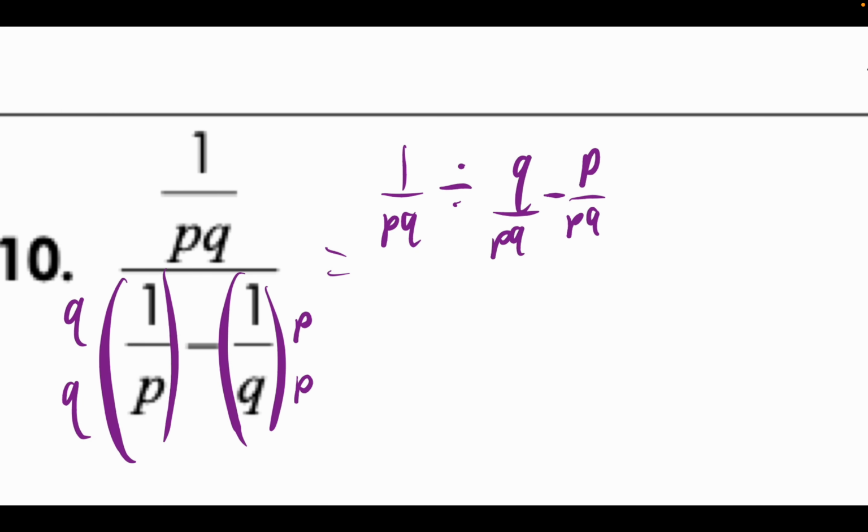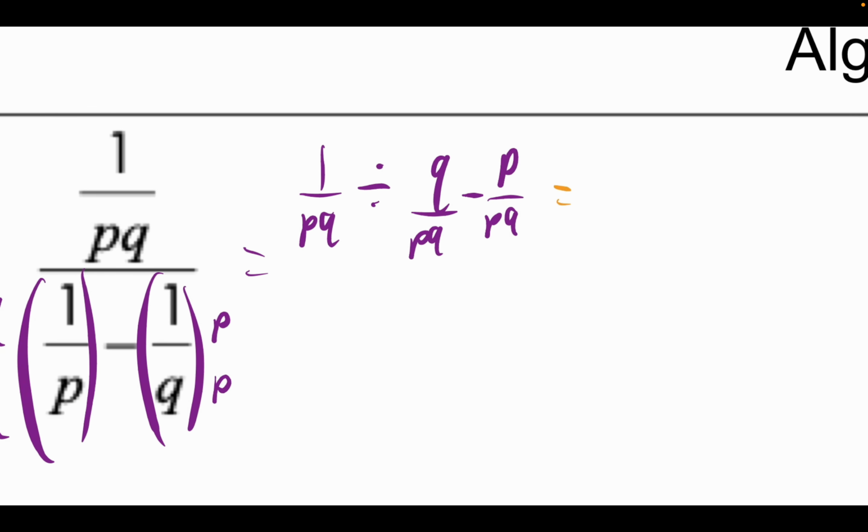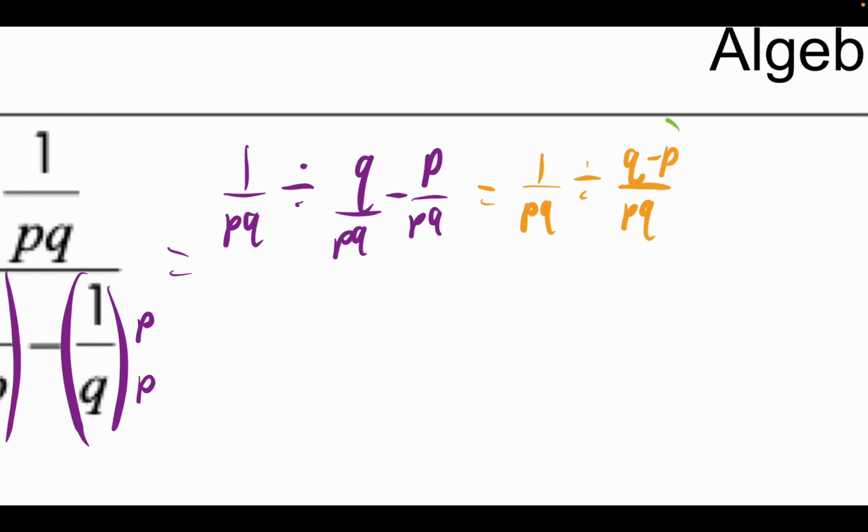So as I actually combine those, I get 1 over pq divided by q minus p over pq. Now the reason I didn't turn this into multiplication in this step like I did in the last one is purely because I wanted to make sure I knew what the numerator was before I make it my new denominator. Some of us might get confused if we do that too quickly, and so I like to show it in multiple steps.